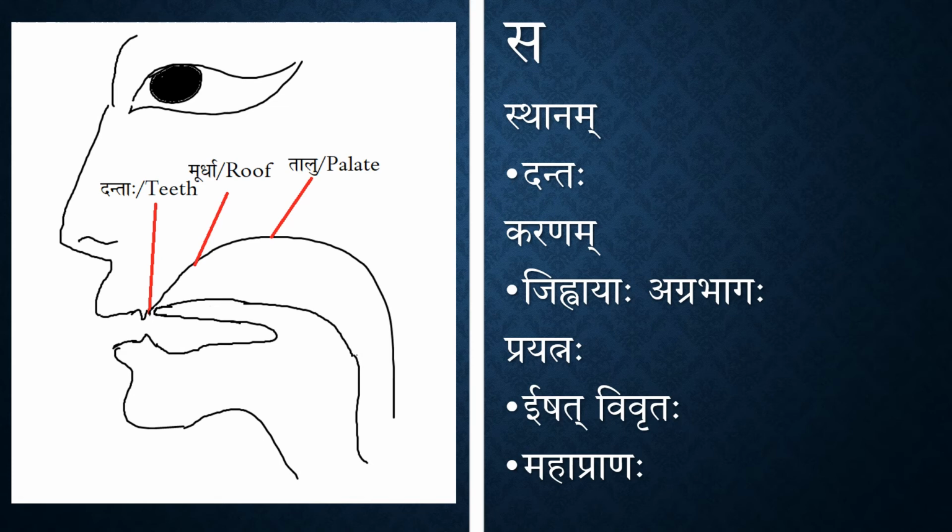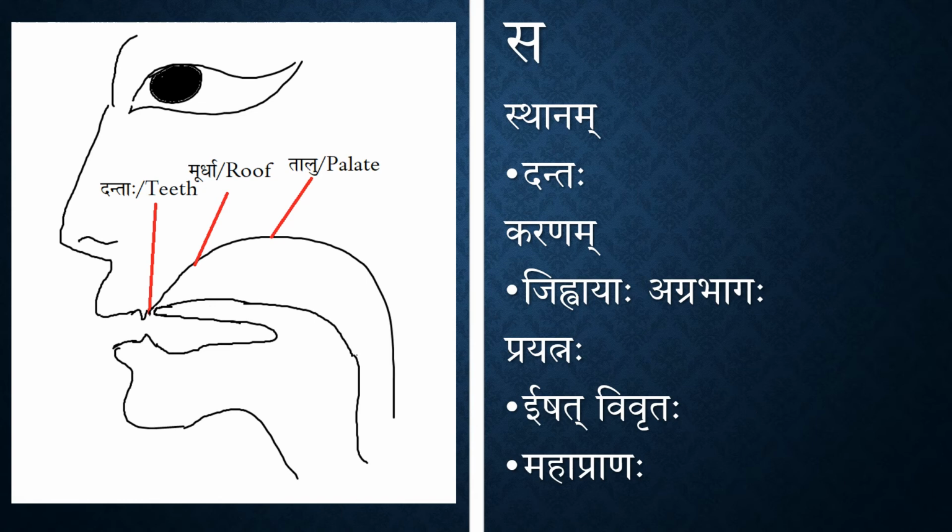So the sthanam of sa is danta, from the rule lutulasanam dantaha. So lu is one of the swaras, vowels, and the ta-varga, ta tha da dha na, also have the same place of origin.